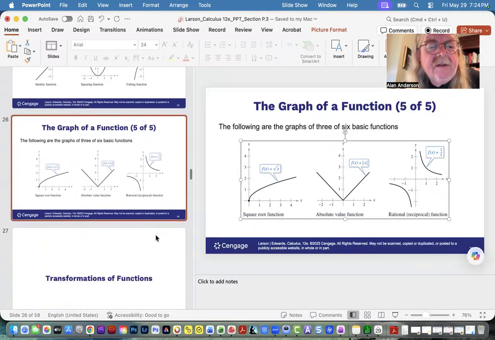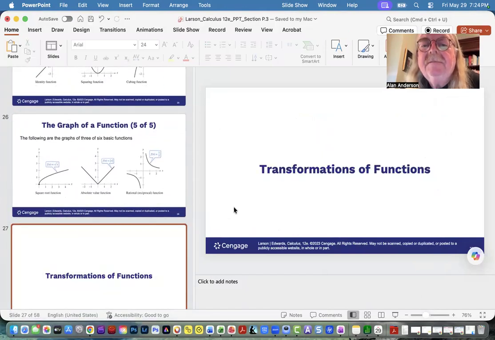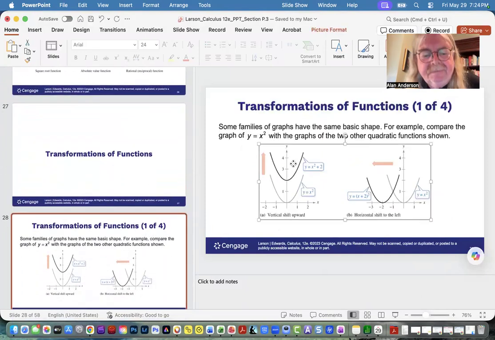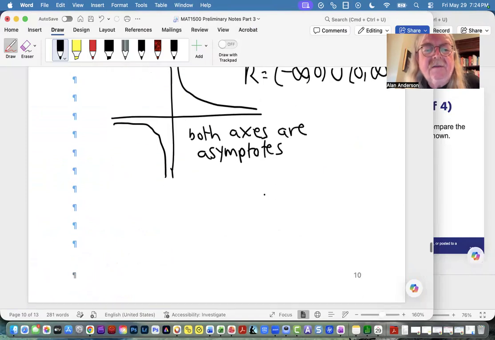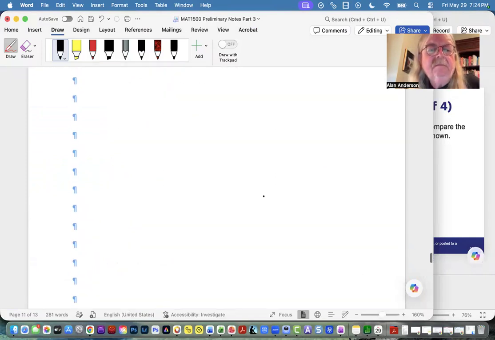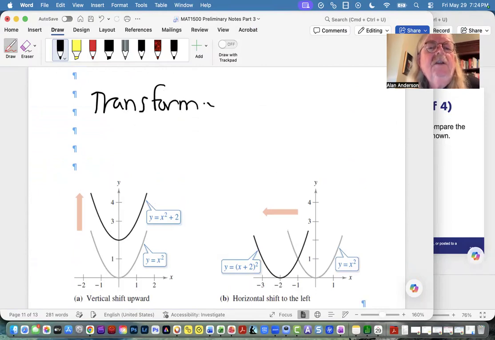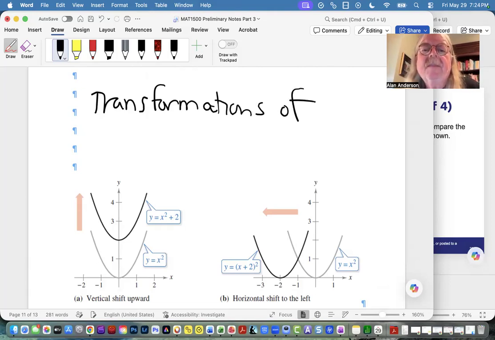What else do they have here? Transformations. Now, what they're talking about here is if you take a function like a quadratic function, you should be able to see the difference between two functions that are very similar to each other.